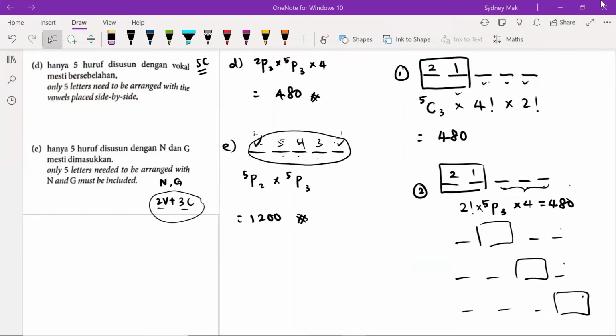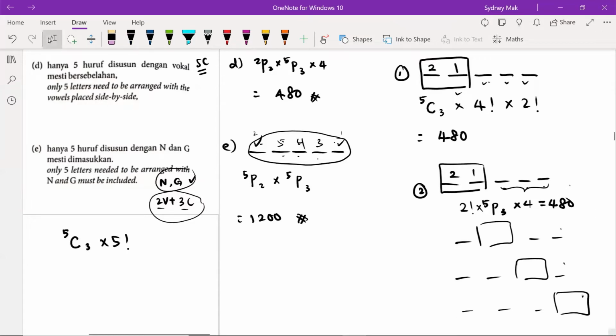Alternatively, if I combine using the combination, I will do like this. Since N and G must be included, the rest of the letters, the 2 vowels and the 3 remaining consonants, 5 of them, I choose any 3 to permute together with the N and G. Therefore, I will take 5 choose 3, and then combine with the N and G. So these 5 letters, we're going to do 5 factorial.